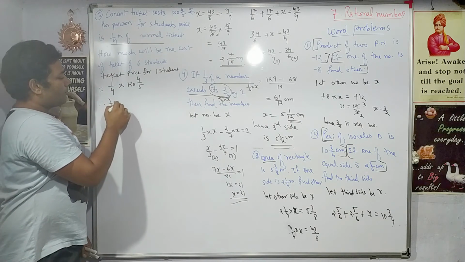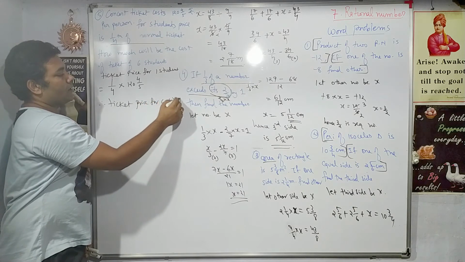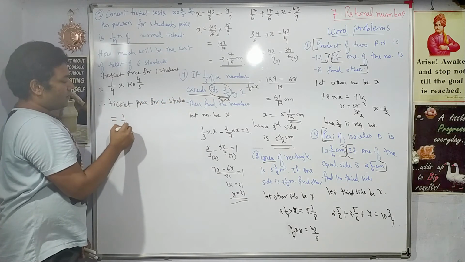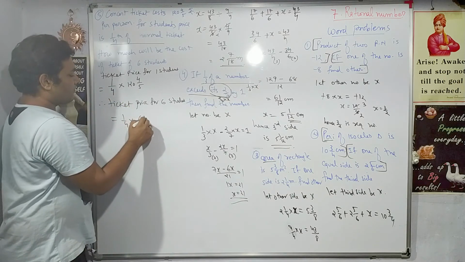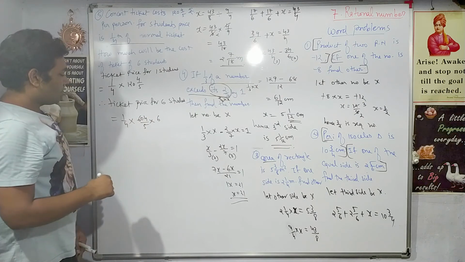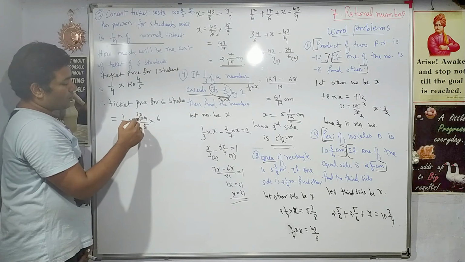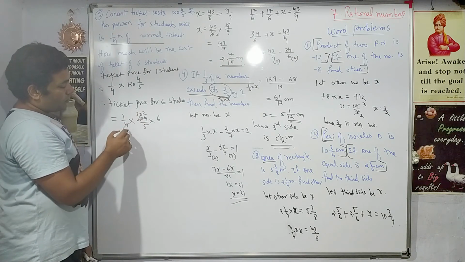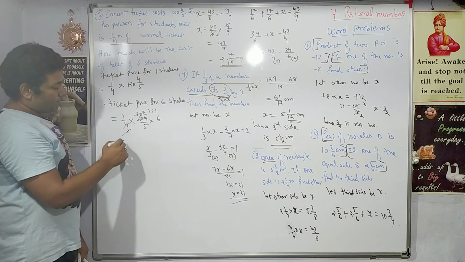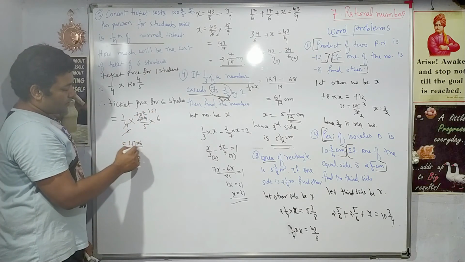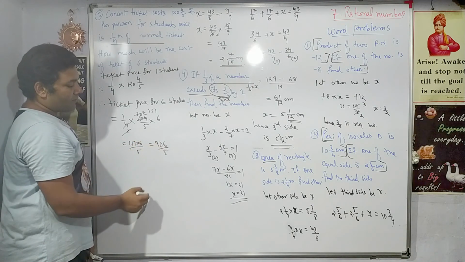So therefore the ticket price for 6 students, how much will it be? Simple, this one multiplied by 6, converting into fraction form. 604/5 into 6, right? 151 into 6/5, 906/5.